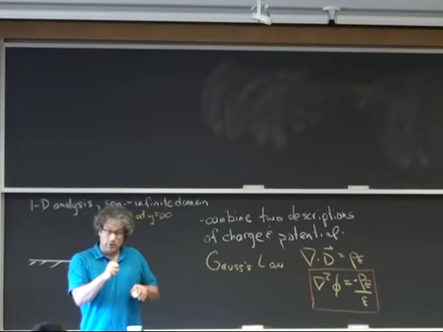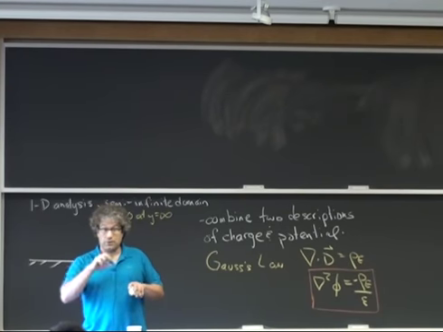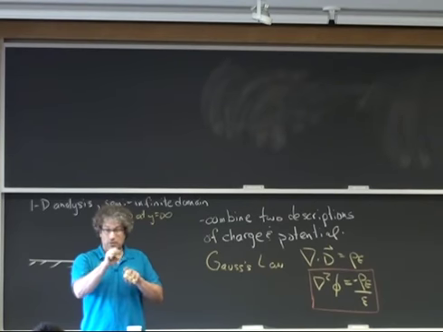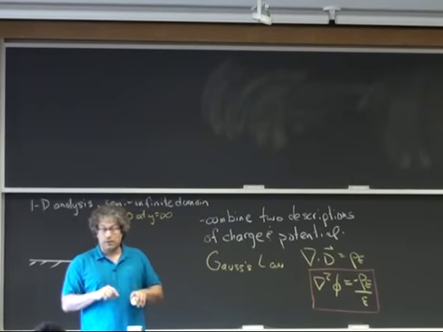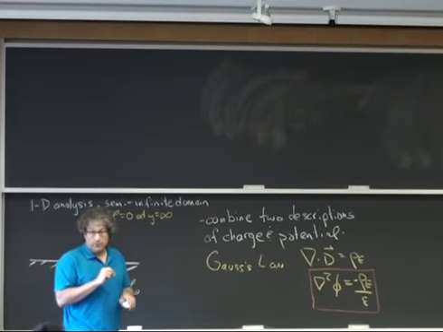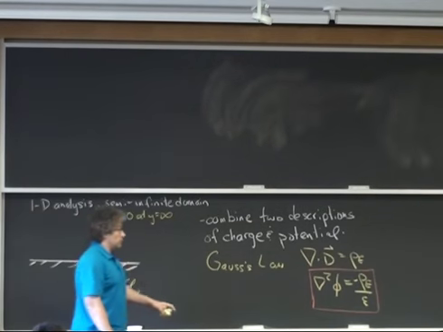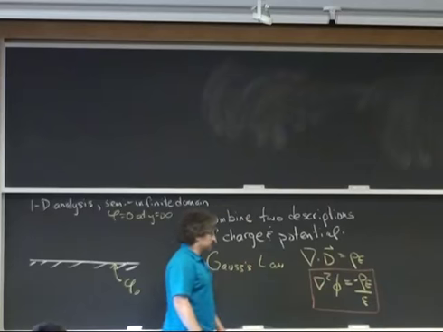If I put a source charge in the middle of water, 79/80ths of the effect of that is canceled by the fact that the water locally polarizes in response to that charge. So if I put a positive charge here, all of the little negative parts of the water rotate to cancel that out. And I'm left only with a small residual electric field that is 1/80th as big. And that's consistent with the fact that water has an electrical permittivity of 80 times the permittivity of free space.